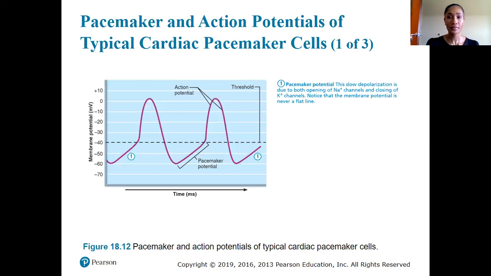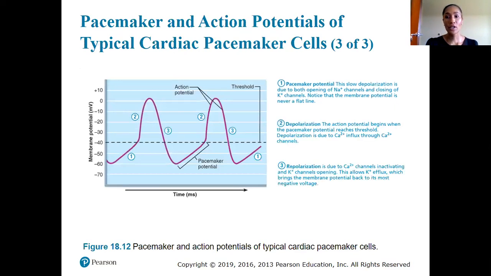So here we have a diagram showing us these three phases. Phase 1 is going to be the pacemaker potential. This is when we have a slow depolarization due to the opening of the sodium channels and the closing of the potassium channels.